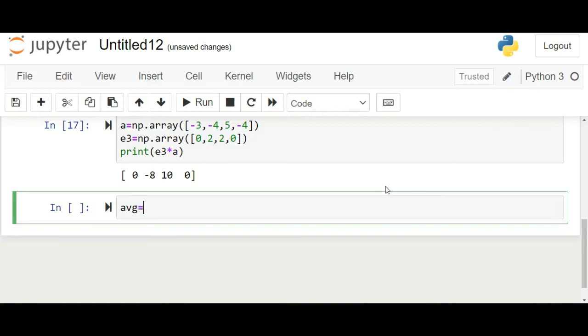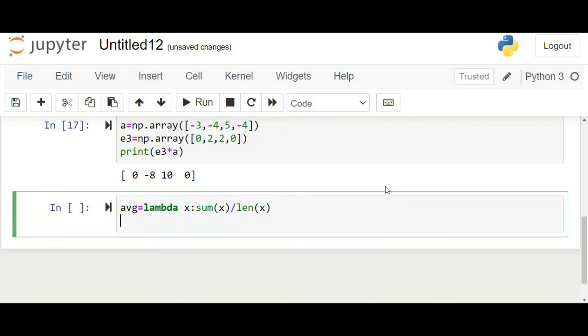Average is equal to lambda x colon, and then we write the sum of x divided by len of x. This is our function.